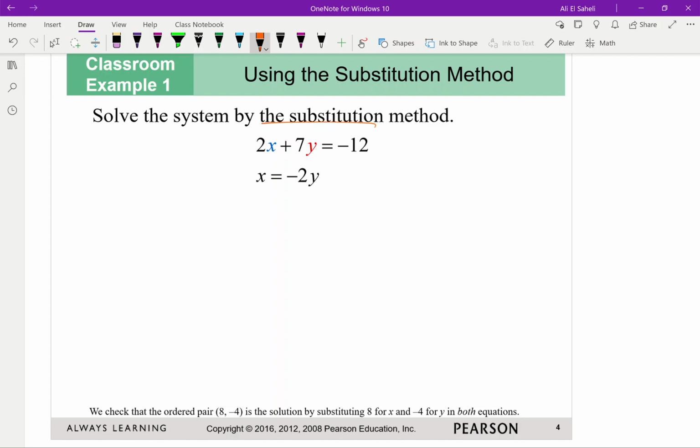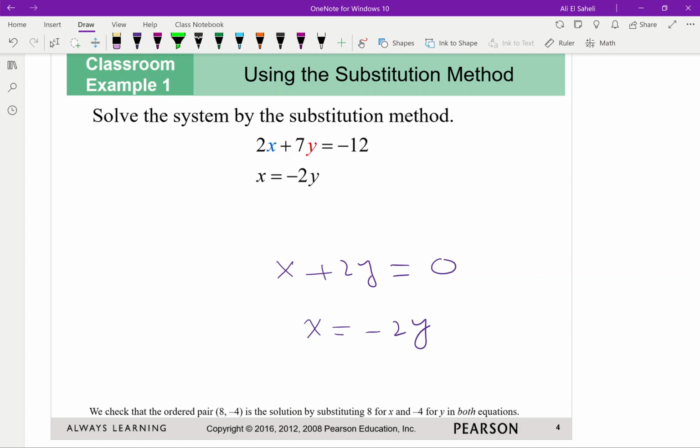For instance, if you have this system of equations, the second equation already gives us x in terms of y. Okay, so this is an easy system to solve. So what we do is we solve for x in terms of y as we have it over here.